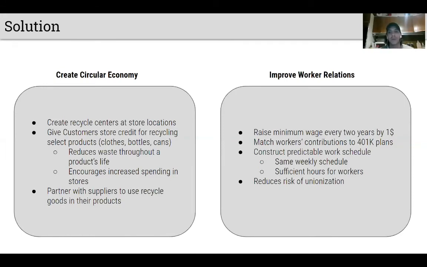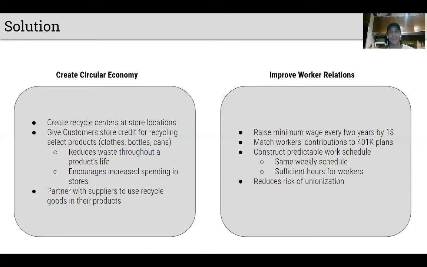Secondly, we want to improve worker relations. In this, we want to raise minimum wage every 2 years by $1. We want to do this in order to help increase our average wage and make it comparable among the industry. We also want to match workers' contributions to their 401k, up to either $5,000 or $10,000 a year, depending on what a worker wants to contribute.